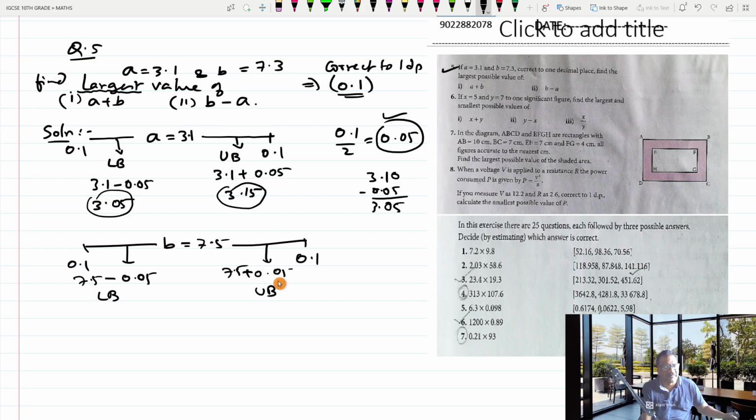So the upper bound will be 7.55 and the lower bound will be 7.50 minus 0.05, which works out to 7.45.